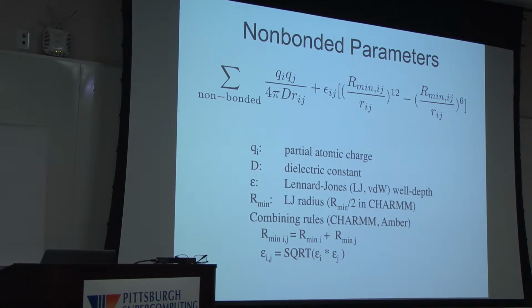So at short distances, the repulsive term becomes dominant. This part becomes dominant because it's R to the 12, and this ratio is larger than 1. At this point it becomes very, very repulsive. They start to bump into each other.